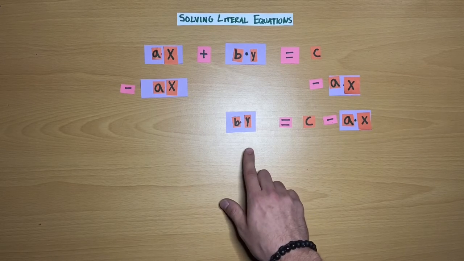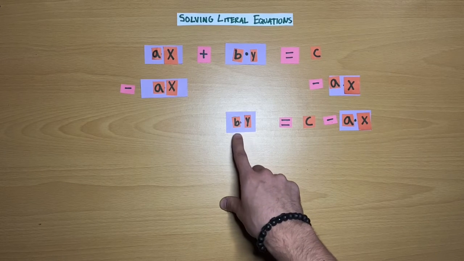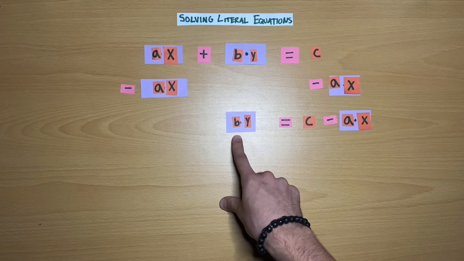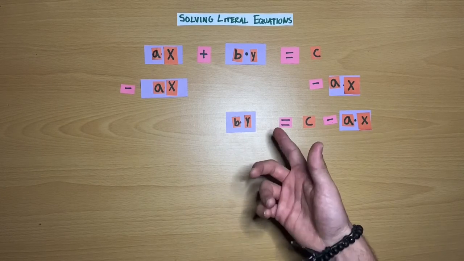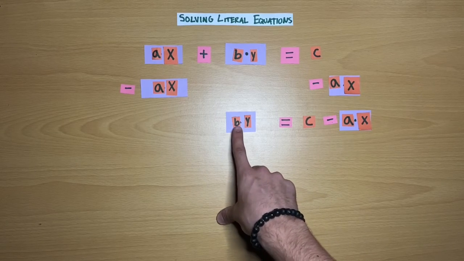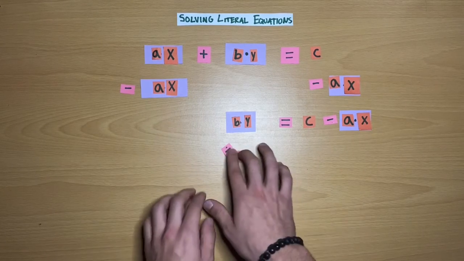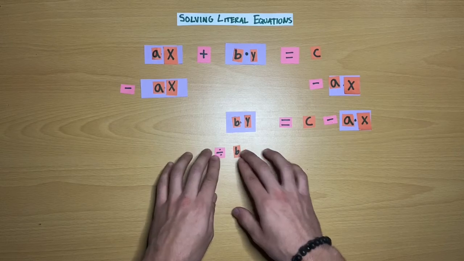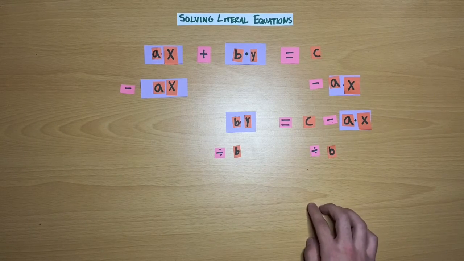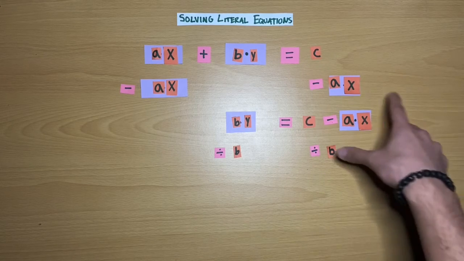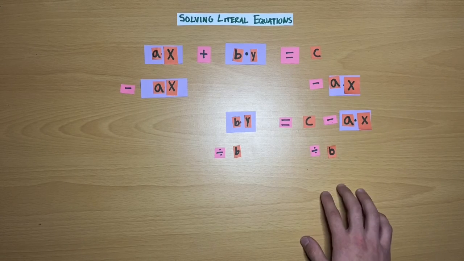Now, we almost have y by itself, but it is being multiplied with the b. So, since it's multiplication here, we need to do the inverse of that, which is division, to divide off this b. So we can just go ahead and do that. We can divide by b now. And everything on this side is being divided by b.